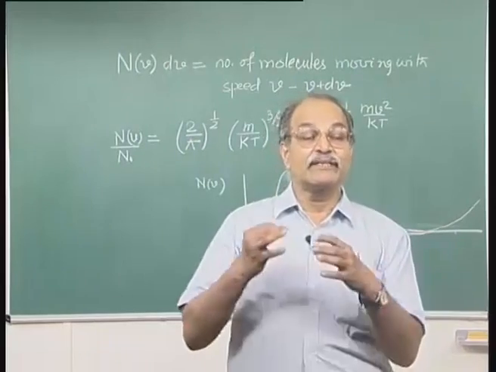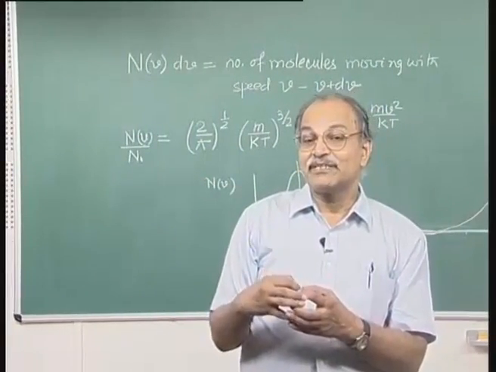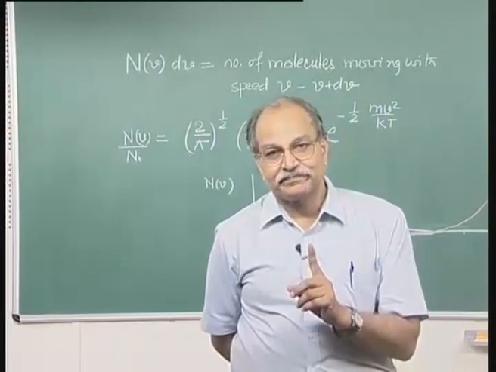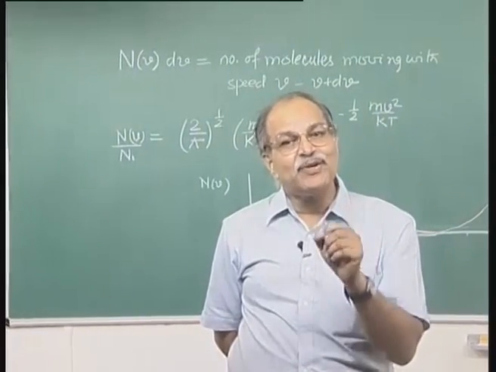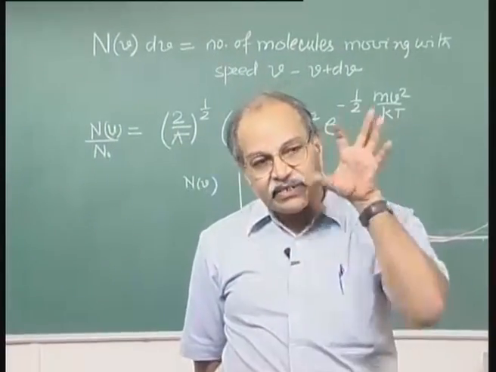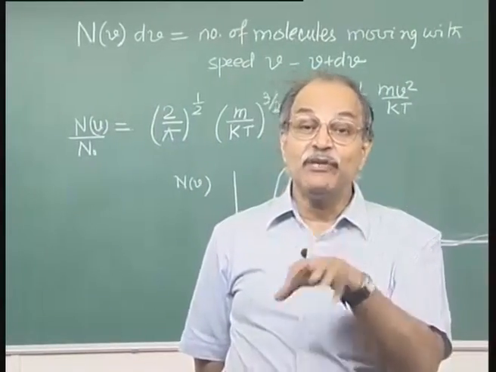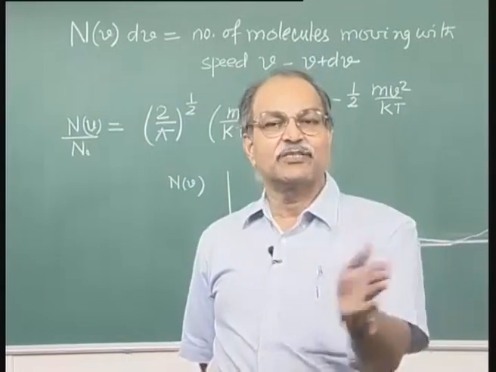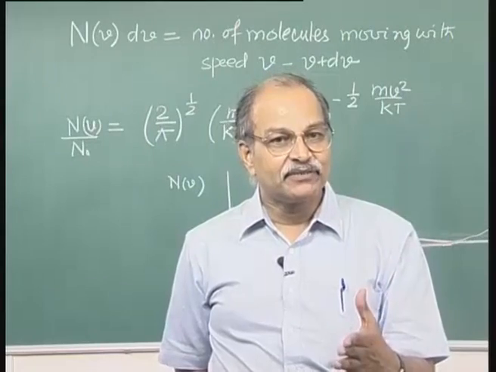What are the conditions that will decide this nuclear reaction rate? The first parameter is concentration, how many of these constituent nuclei are there. If it is a reaction x plus y, how much is the concentration of x, how much is the concentration of y, per unit volume how many nuclei are there of x and of y. If it is x plus x going to a bigger nucleus, then the concentration of x. So, that is one parameter.